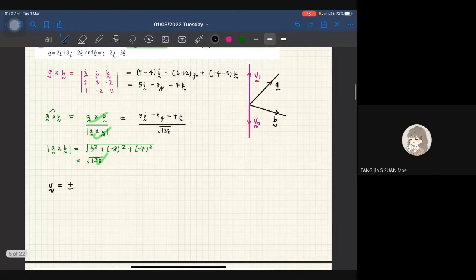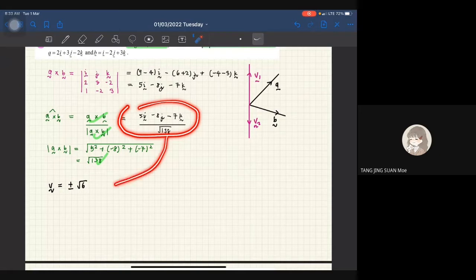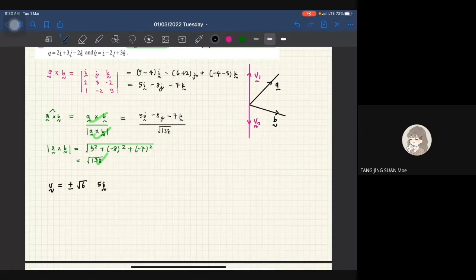And then darabkan dengan square root of 6. Then just substitute this one into this one. So saya akan dapat 5i minus 8j minus 7k over square root 138. Okay, so can we simplify square root 6 and square root 138?